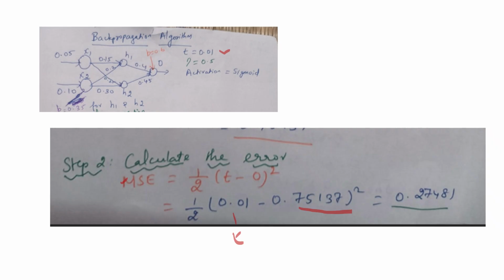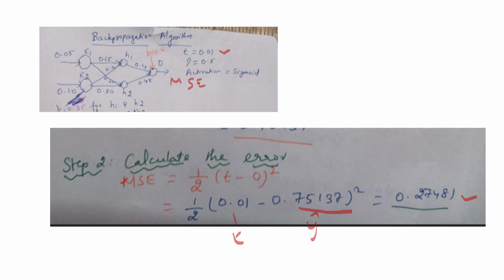The target is 0.01. It's given in the question itself. Our calculated output, that is y cap, is 0.75137. This is the value we have calculated now. So we have to apply it in this equation. After applying, we are getting this answer. So this is the mean square error calculated at the output neuron.